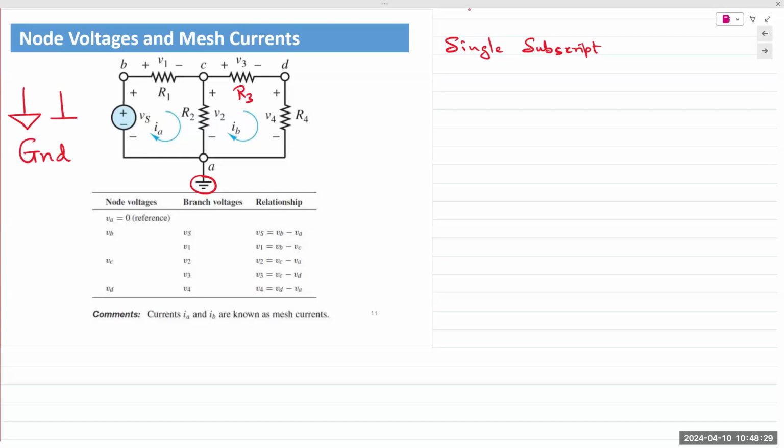whether a ground is indicated in the circuit or not, you choose a reference point of measurement for the entire circuit. In this case, we have 4 nodes, A, B, C, D. Right? This is a circuit which has 1 voltage source and 4 resistors. There are 4 nodes in the circuit. The entire bottom connection is one single node A. Keep that in mind.